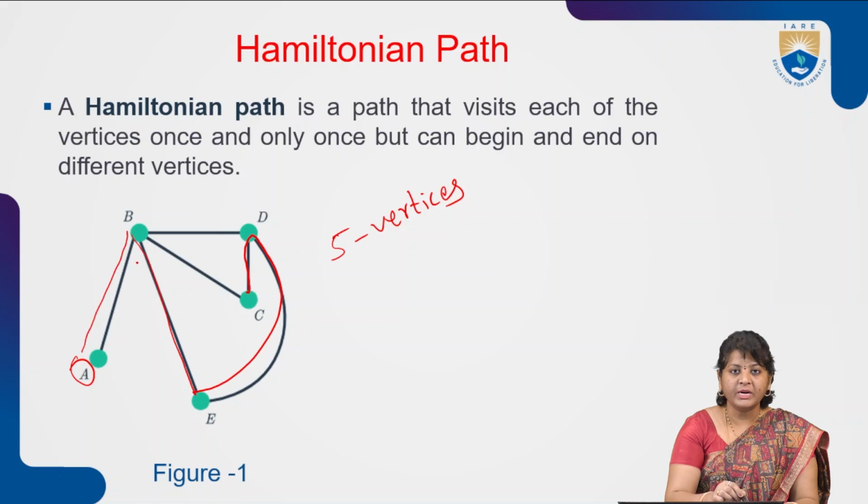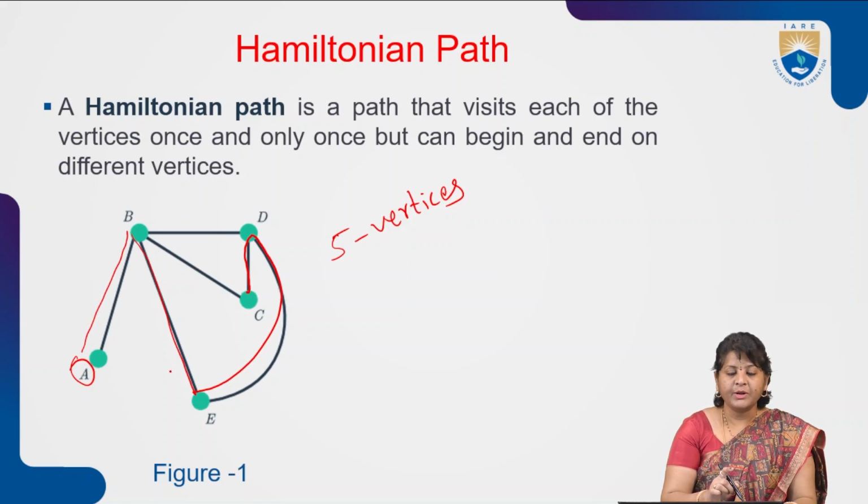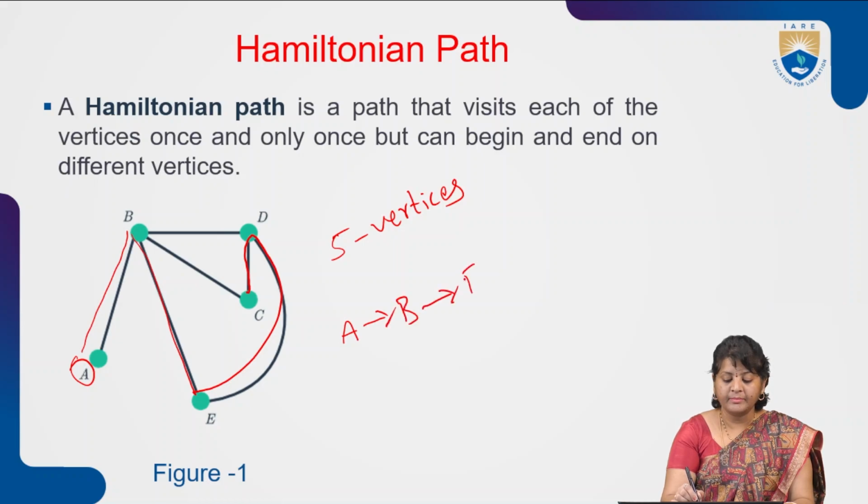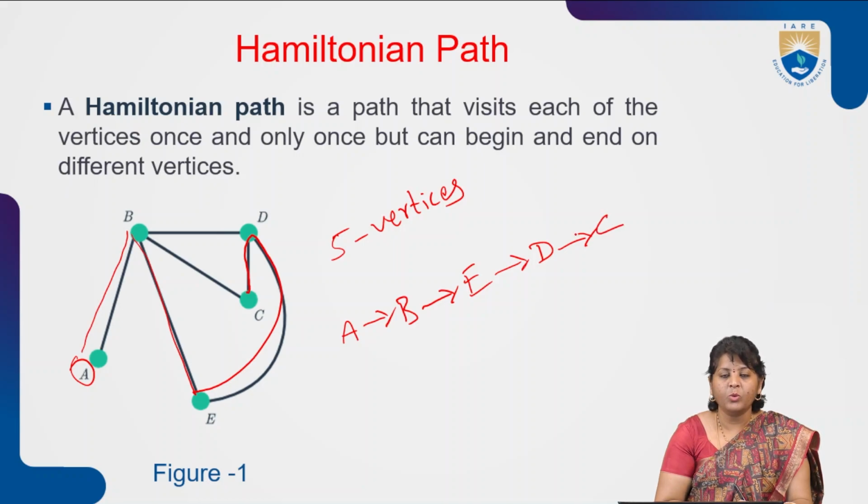So each vertex is visited only once: A to B, B to E, E to D, D to C. Here, the Hamiltonian path exists as A to B, B to E, E to D, D to C. Each vertex is visited only once. There is no repetition of the vertex.